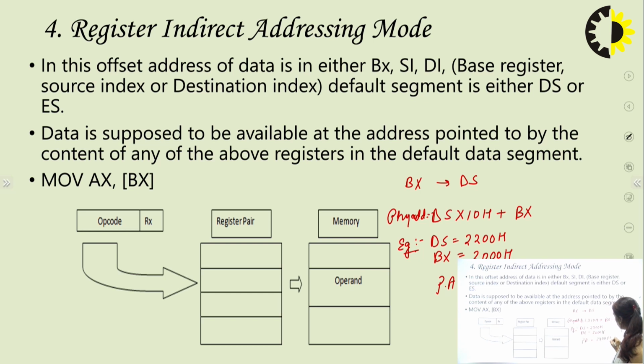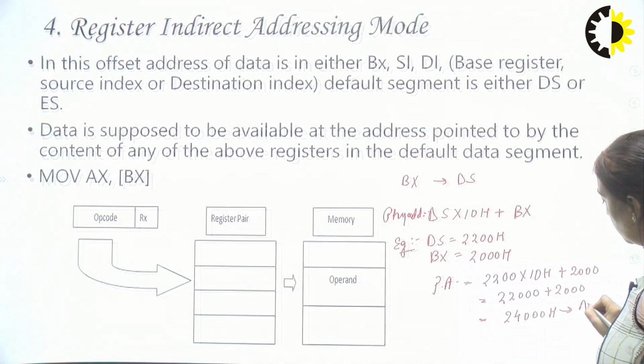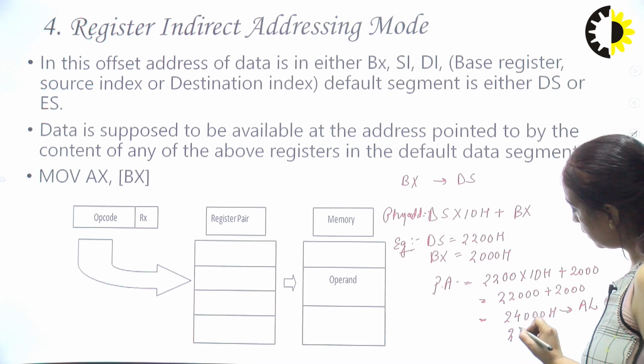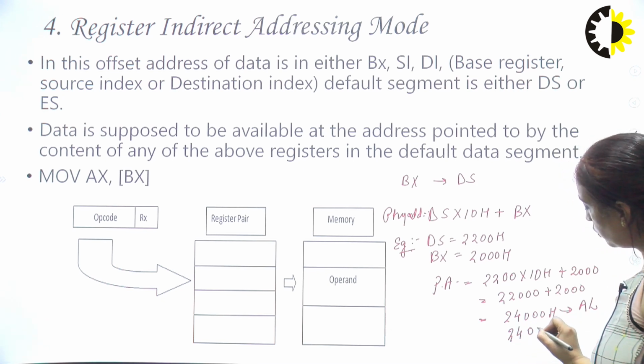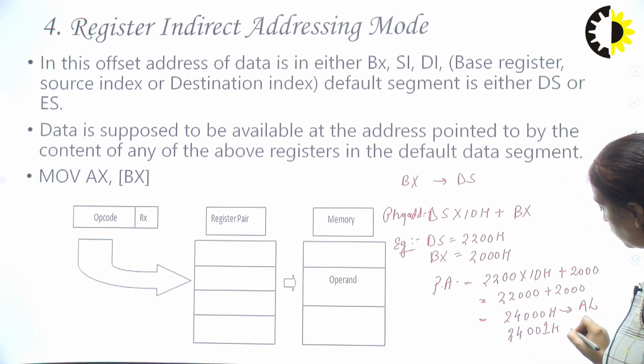2200 multiplied by 10H plus 2000, which is 22000 plus 2000, it will be 24000H. So the data present at this address will be copied to AL and the data present at 24001H will be copied to AH.